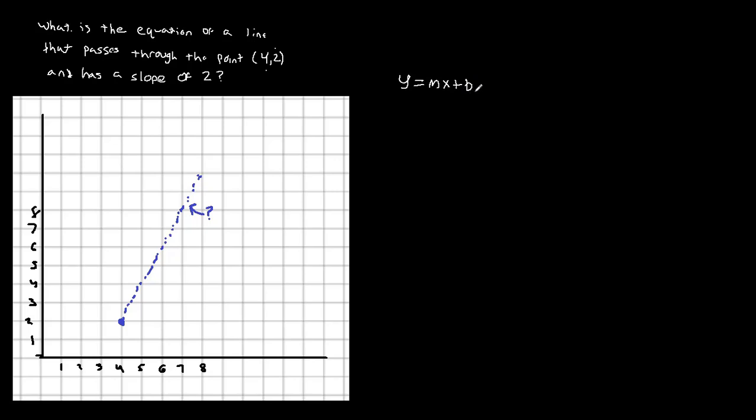Some textbooks, and the textbook we're using specifically, will actually give you what's called the point slope formula, which is y minus y1 is equal to m times (x minus x1).